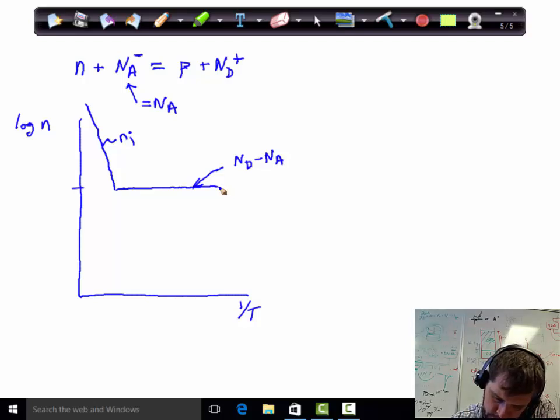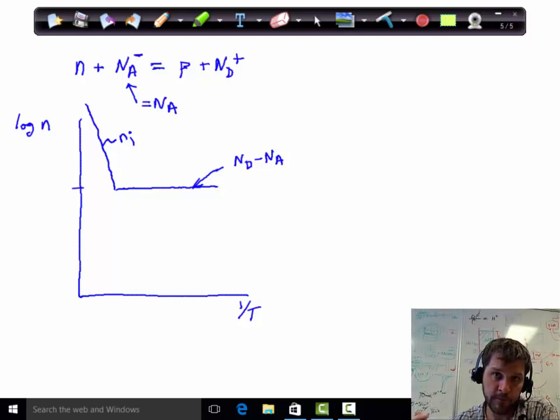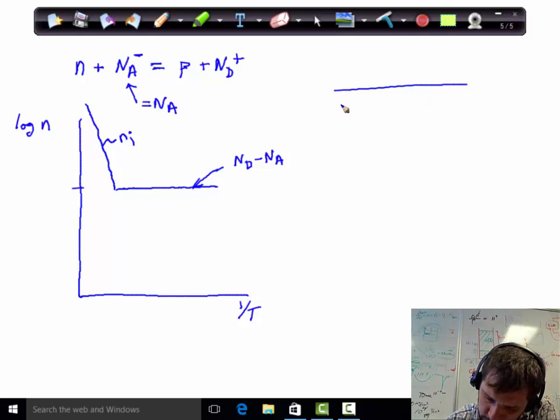And then finally, as you go colder and colder and colder, that means 1 over T is getting larger. Eventually, some of these electrons from the conduction band are going to fall back into the so-called freeze out into their sort of home donors, and the process again is called freeze out.